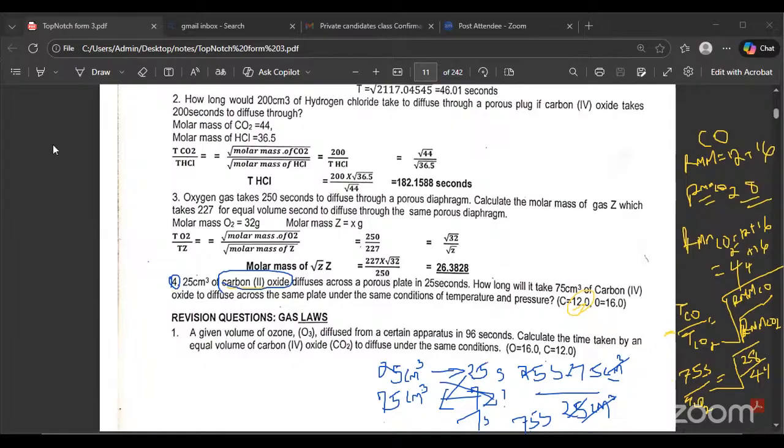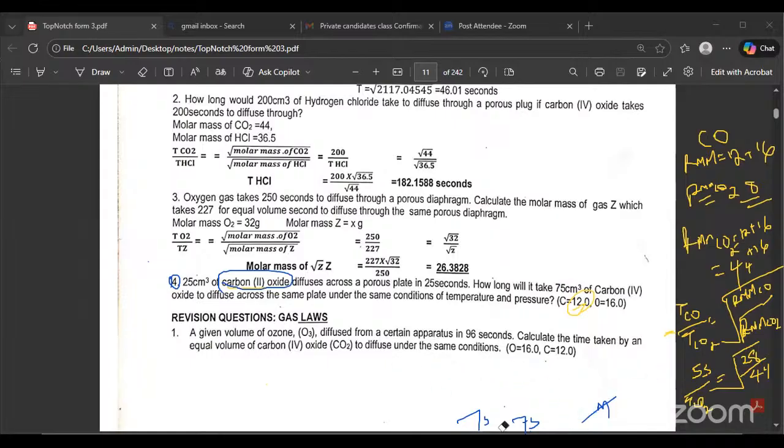So let me continue now. I continue. So we have 75 seconds over TCO2. I will check from my phone also again.